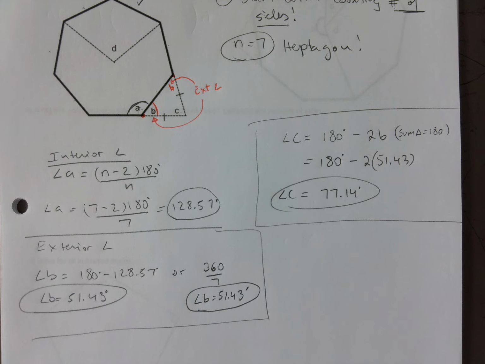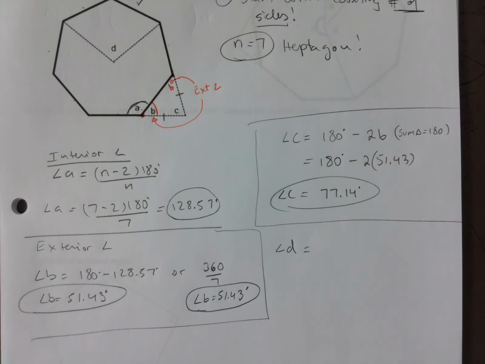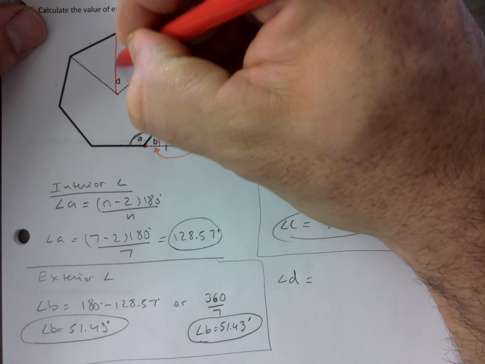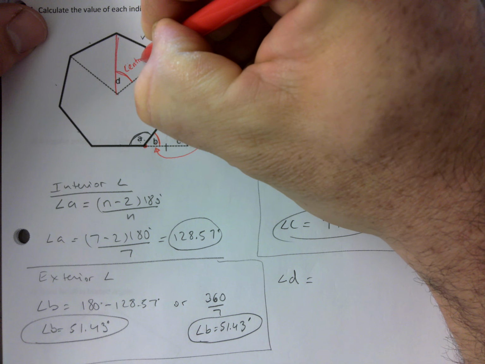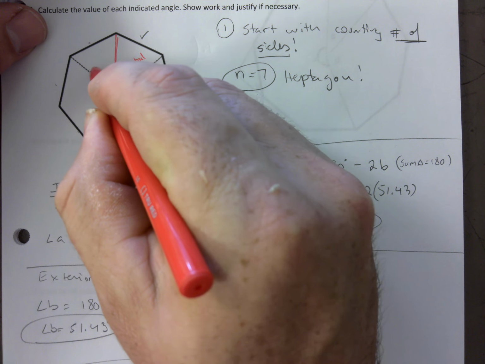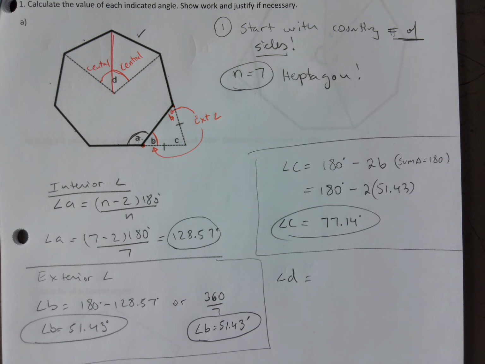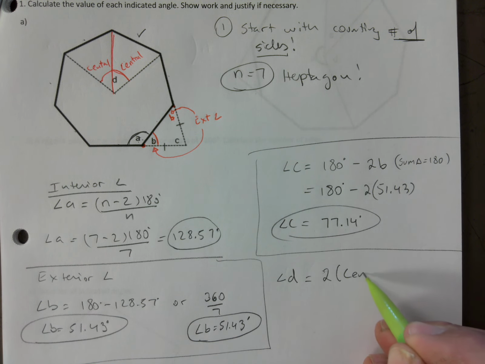And next, let's tackle D here. So you got to grab a pen, and you got to realize that D is actually cut in half. And this is a central angle. This is also a central angle. Central, central. So angle D is 2 times a central angle.